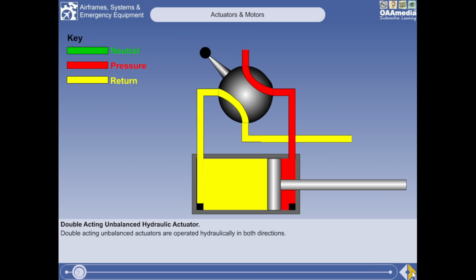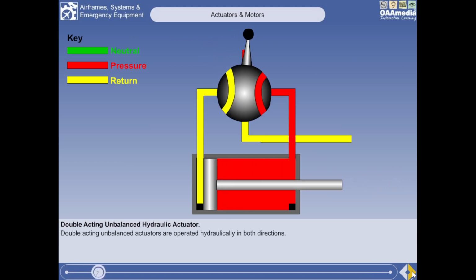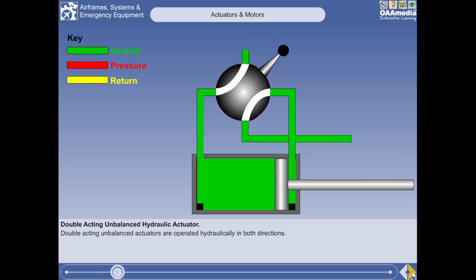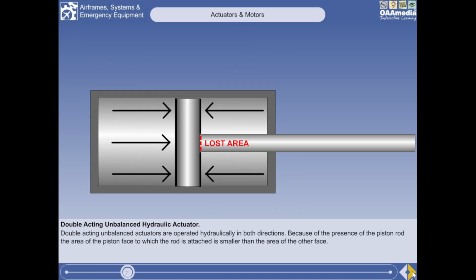Double-acting unbalanced actuators are the type most commonly found in aircraft systems. These are operated hydraulically in both directions. Because of the presence of the piston rod, the piston face to which the rod is attached has a smaller area on which the fluid can act than the other face.